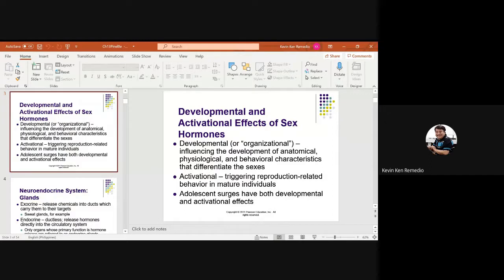In the developmental effect of sex hormones, it influences the development of anatomical, physiological, and behavioral characteristics that differentiate the sexes.